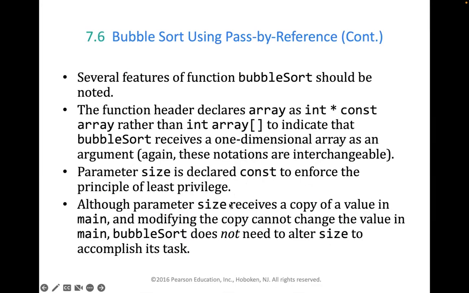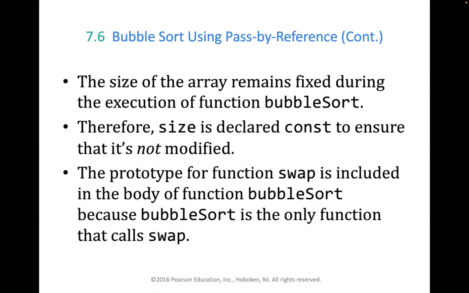So size is constant, it means you cannot change the array size. The size of the array remains fixed. So size is declared constant to ensure that it is not modified.